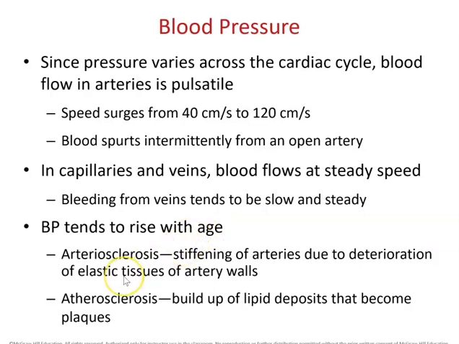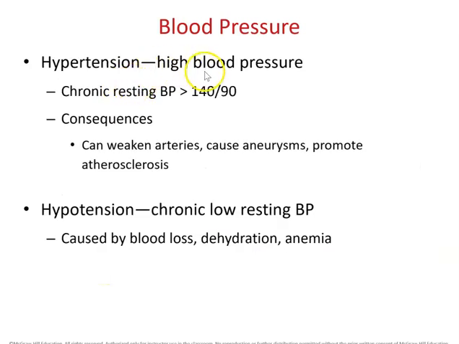When people get older, there's a higher risk for blood pressure to increase, and also a high risk for atherosclerosis. Hypertension is high blood pressure. The blood pressure level will be above 140/90. Hypotension is a chronic low resting blood pressure, which can be caused by blood loss, dehydration, or anemia.